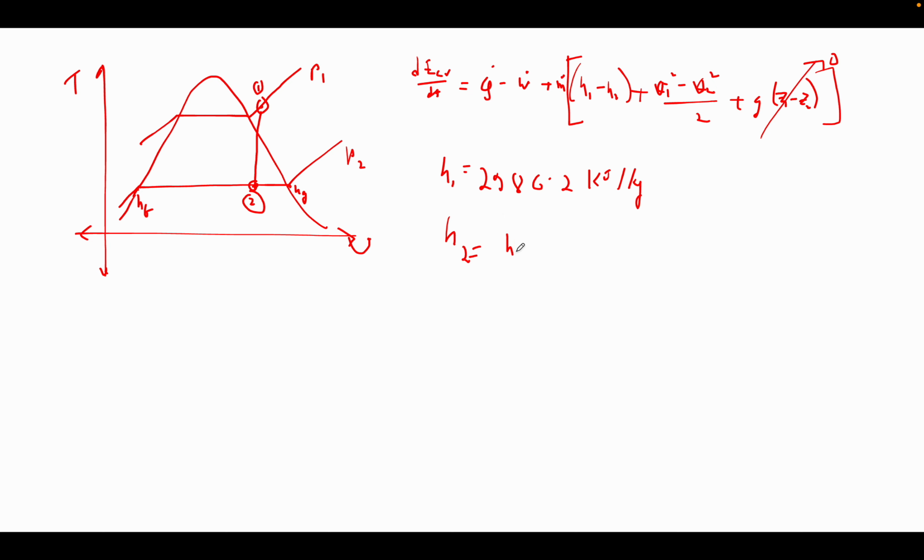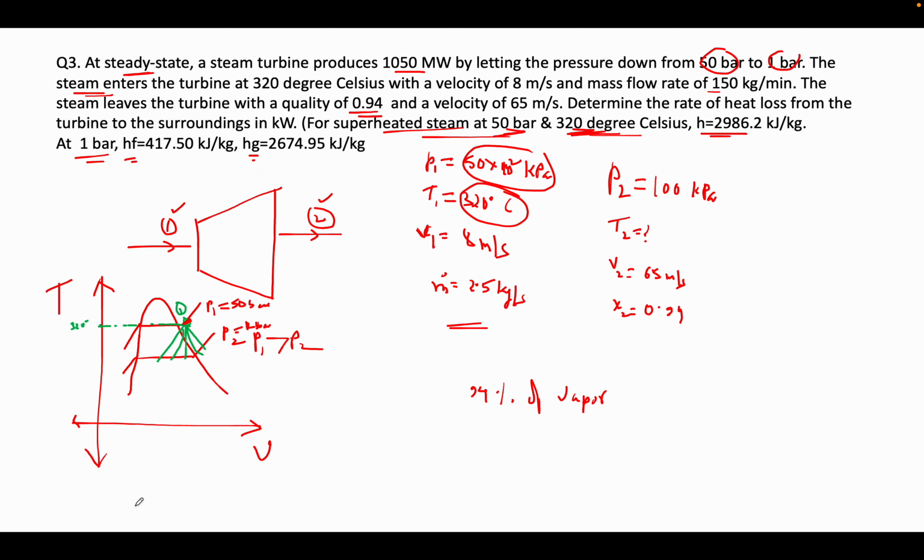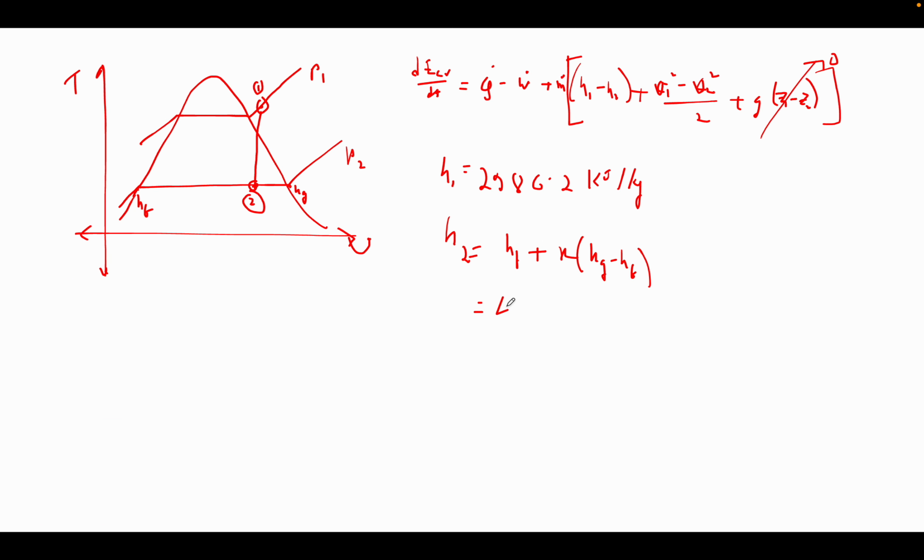My H2 will be Hf plus x into Hg minus Hf, because the x part is only my vapor. So (Hg minus Hf) into x will give this part. So what is my Hf? My Hf is 417.5.